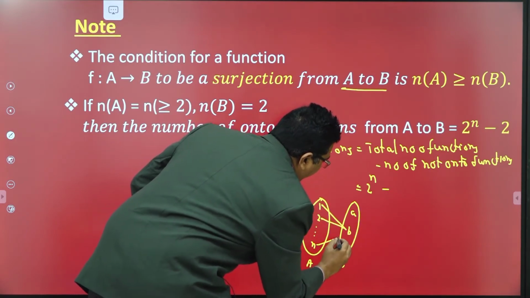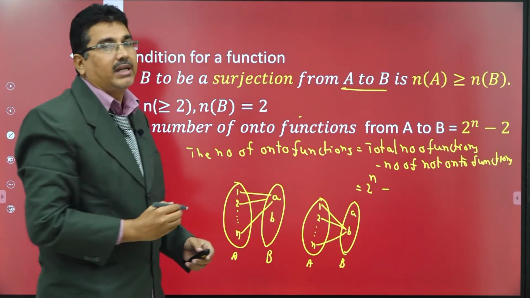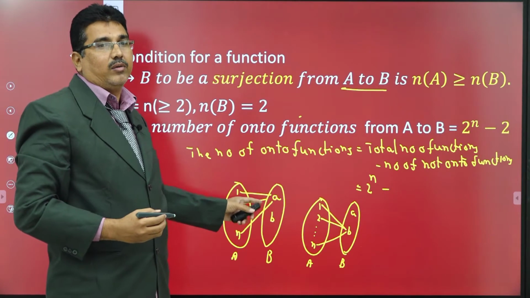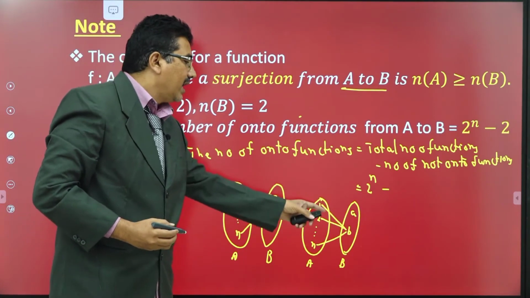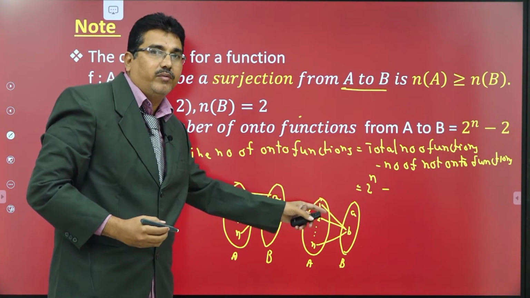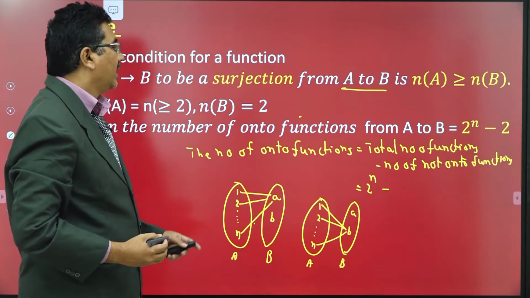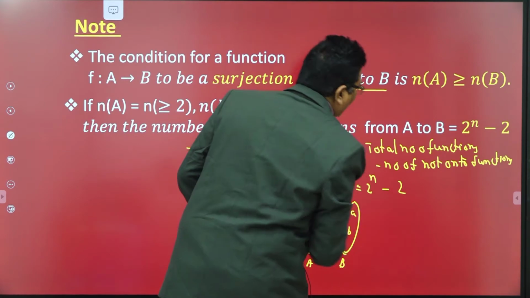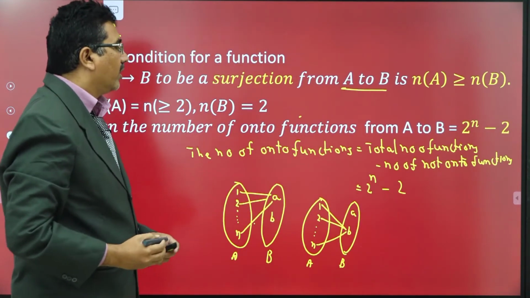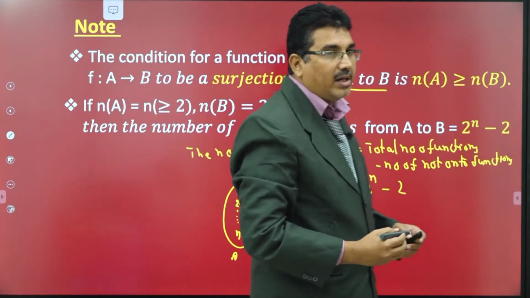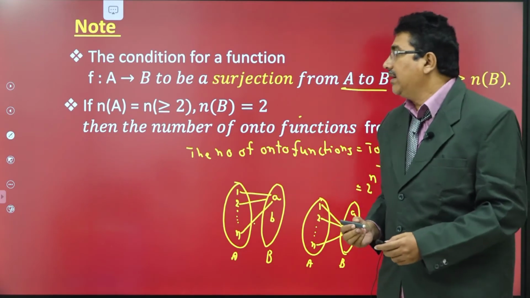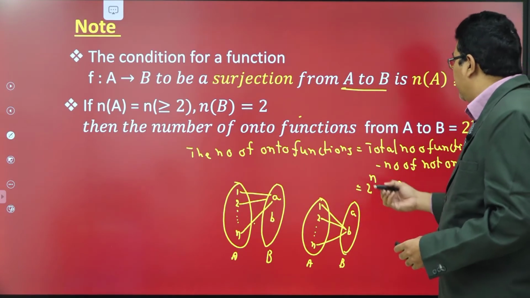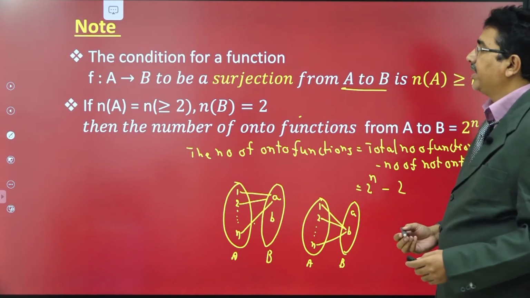The image of each element of A is b. This is another not onto function. That's why the number of not onto functions is equal to 2. Therefore, the number of onto functions defined from A to B is equal to 2 power n minus 2.